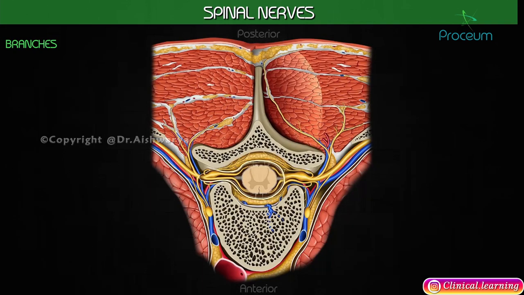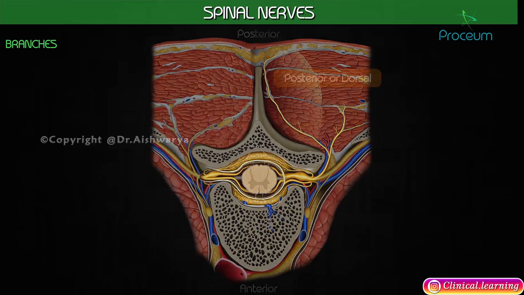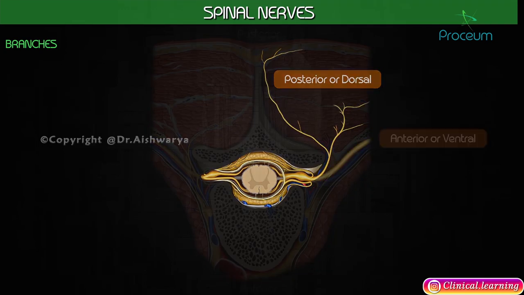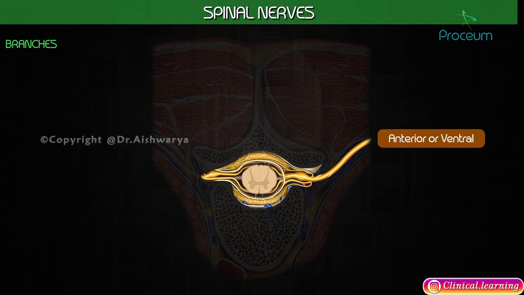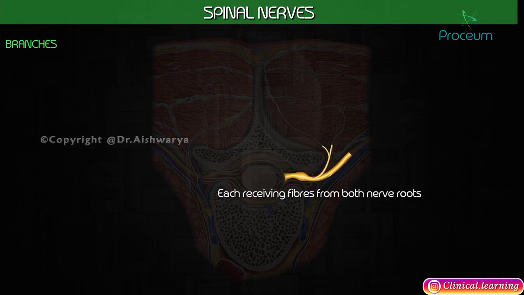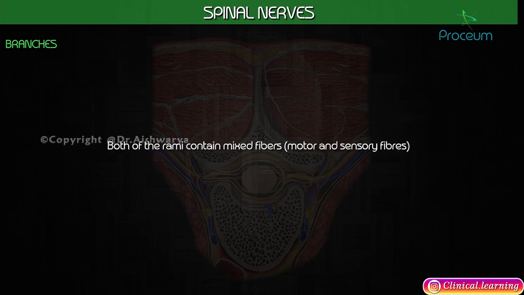The spinal nerve then splits into posterior or dorsal and anterior or ventral divisions, each receiving fibers from both the nerve roots. So here, both of the rami contain mixed fibers. They are motor as well as sensory fibers.